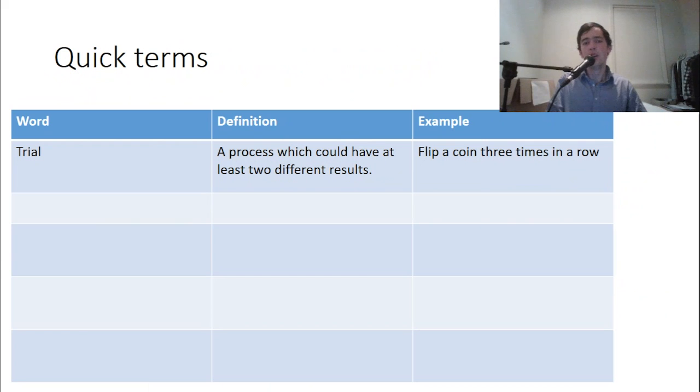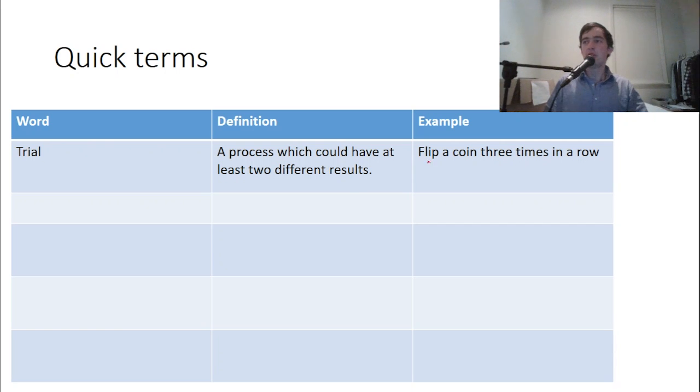Now, I'm going to introduce you to some vocabulary. You don't need to know this very well yet, because we'll go into this in more depth later on. But because it's describing probability, I want to just quickly have a look at some of these words.